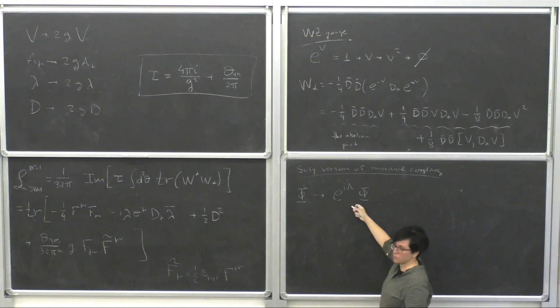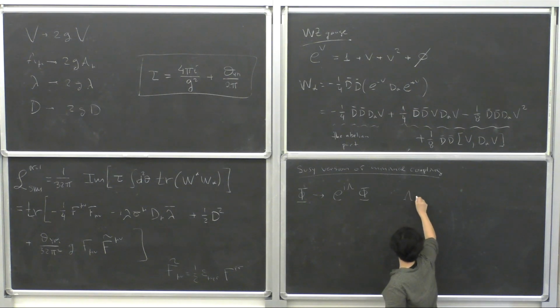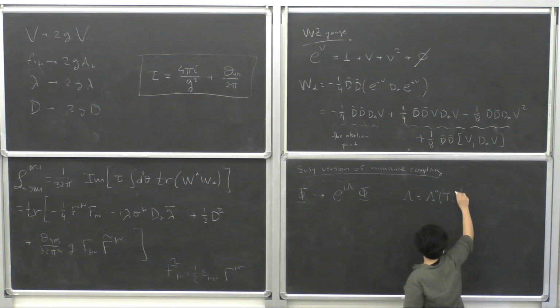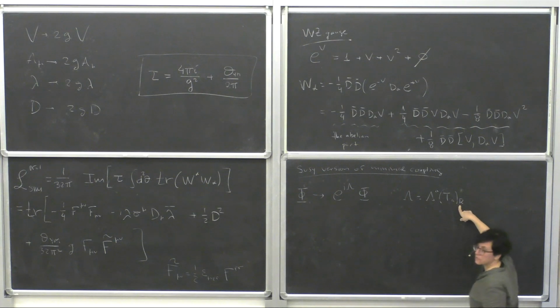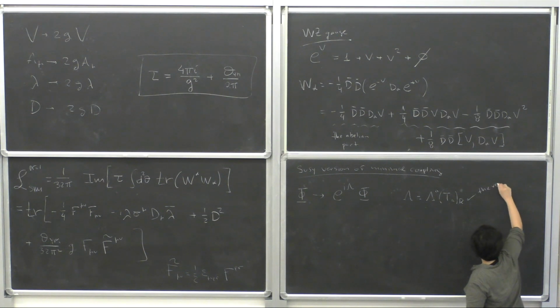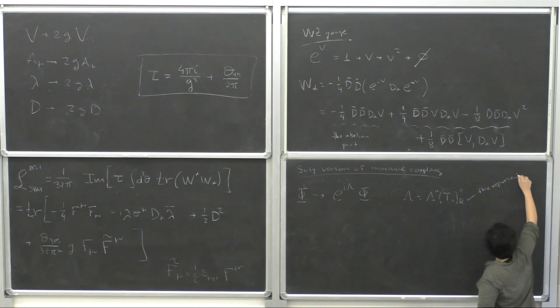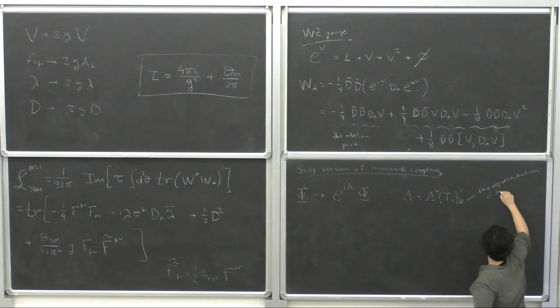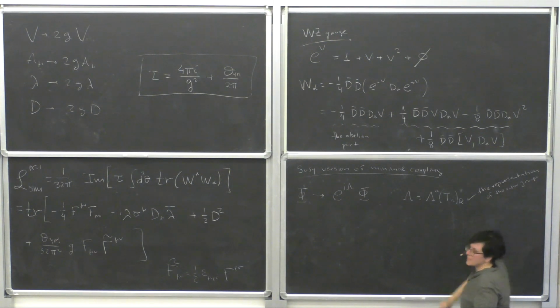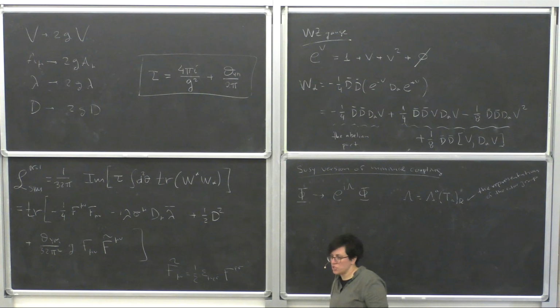The only thing I need to be careful about here is when I write lambda, I need to remember to expand it in the generators in the appropriate representation, whatever is the representation that I want to study. Yes? That's all. So just choose your generators and you are done.